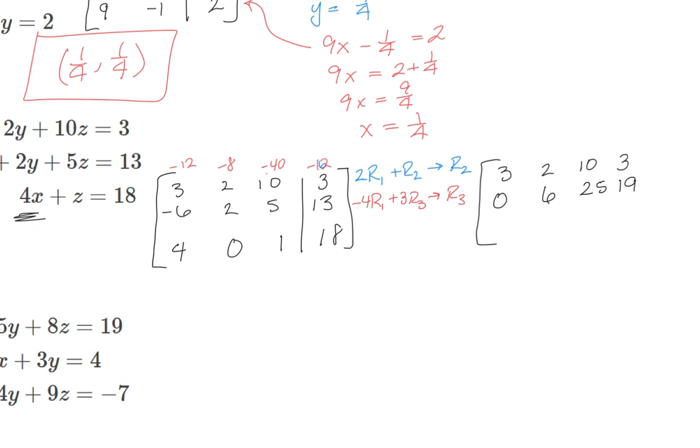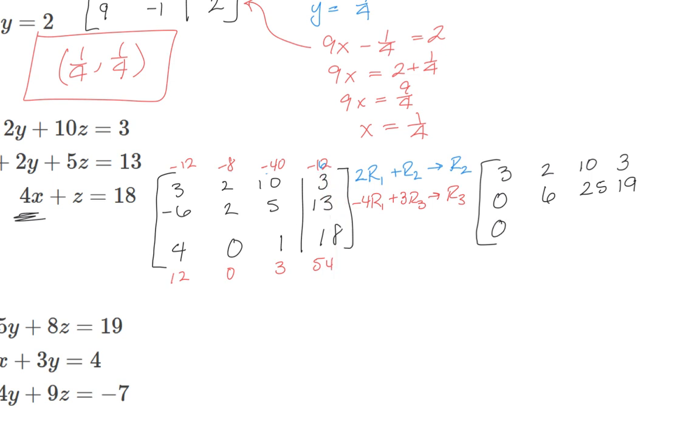I'm going to multiply the third row by 3: positive 12, 0, 3, and of course 18 times 3 is 54. Now I'm going to add these numbers: negative 12 and 12, 8 and negative 8, negative 40 and 3, negative 12 and 54.